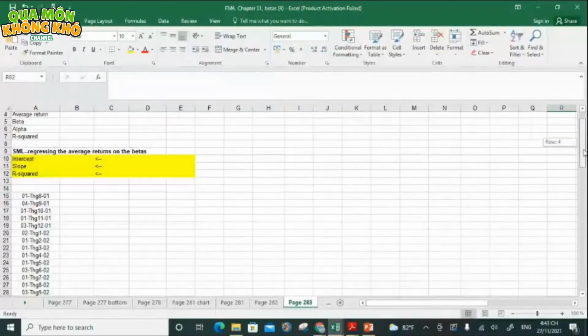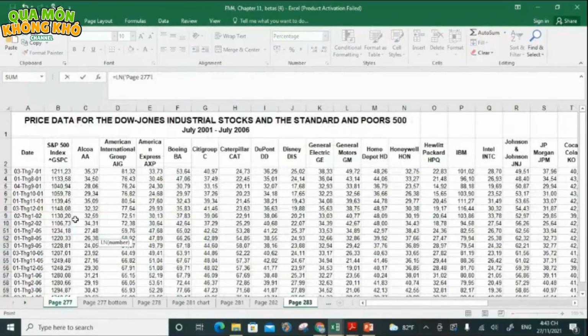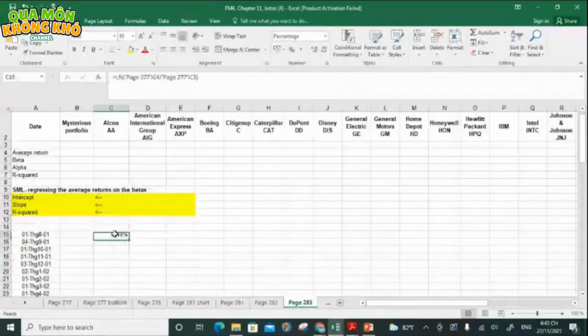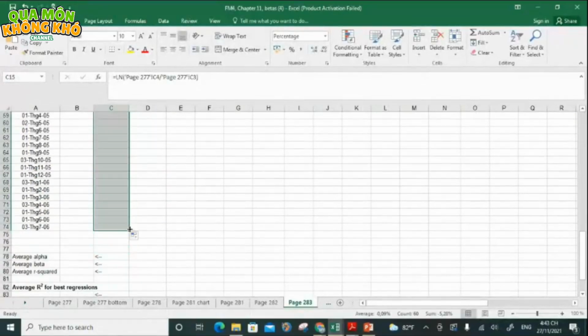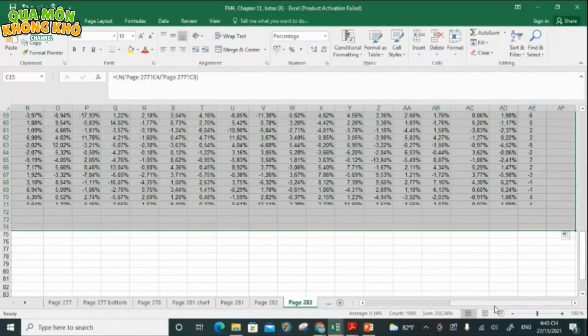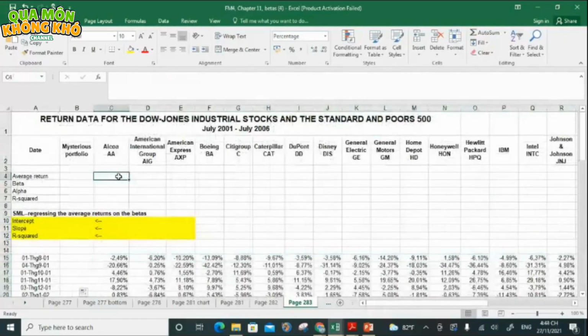Similarly, I will calculate the log return, the average return.